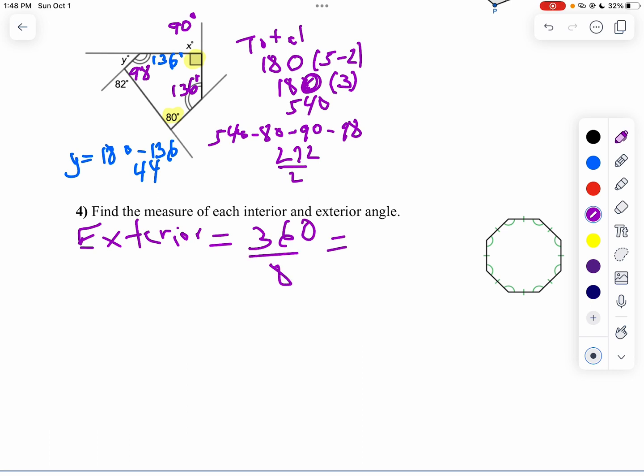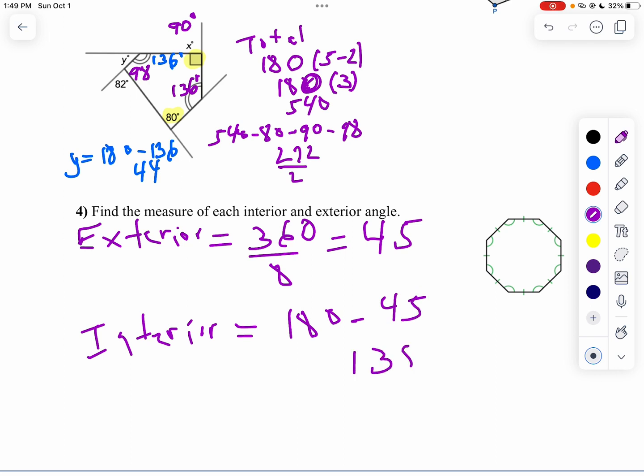So we take 360, we divide that by 8, and you get 45 degrees. Now we know each interior angle is supplementary to that. So the measure of each interior angle is going to be 180 minus 45, which would be 135 degrees.